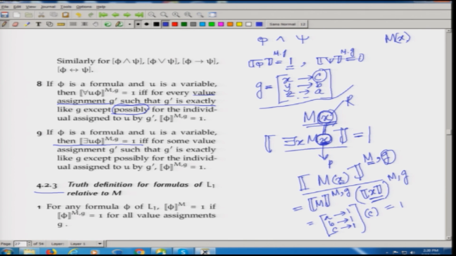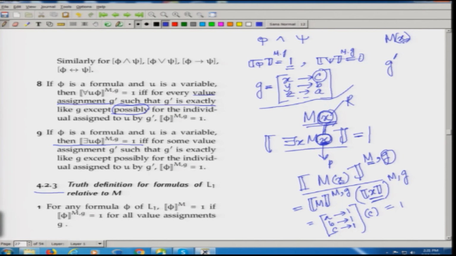Whenever we compute, whenever we talk about it, you see g prime. So, g prime is exactly like g except possibly, that is, it need not be different from g. It may also be g itself, but it may also vary. It may vary in terms of just one thing, only in terms of the active variable x, right. So, our first g prime can be g itself, which is x gets c. Others, because others are not relevant, we are not listing.